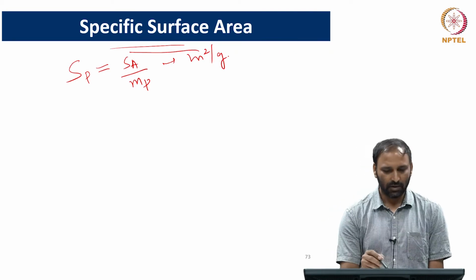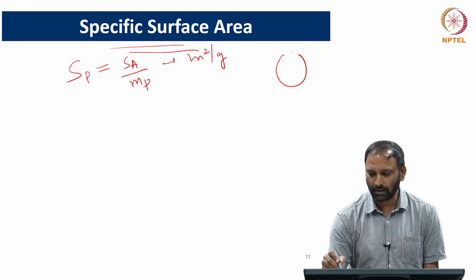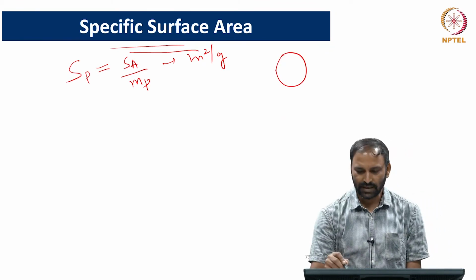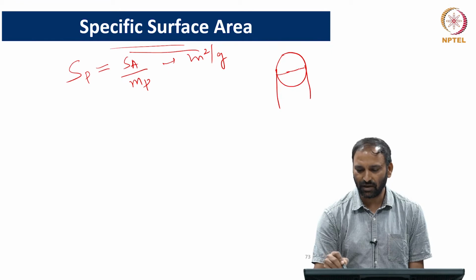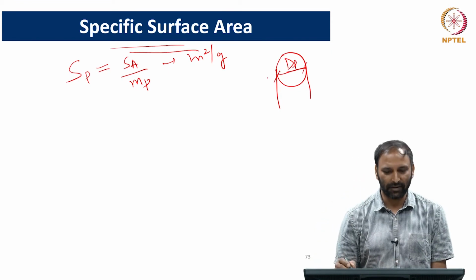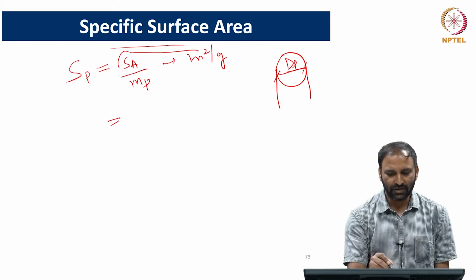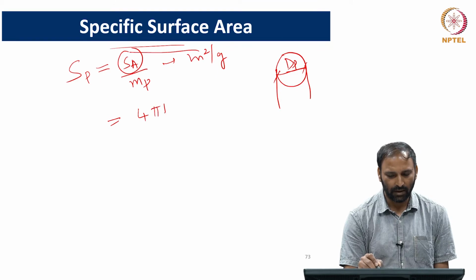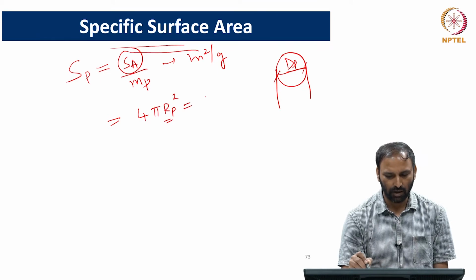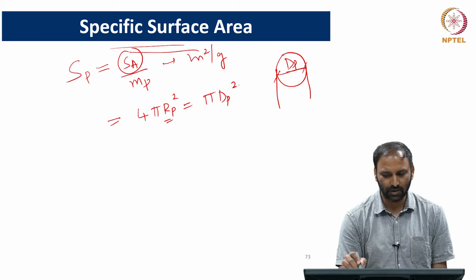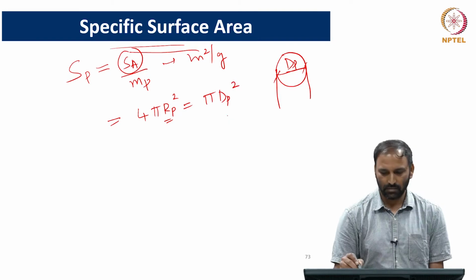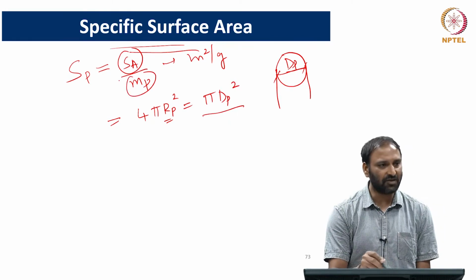So, if I have a spherical particle with a size of dp, that is your diameter of the particle, then your surface area is going to be 4 pi rp square, that is your radius, or pi dp square, divided by your mass of the particle.